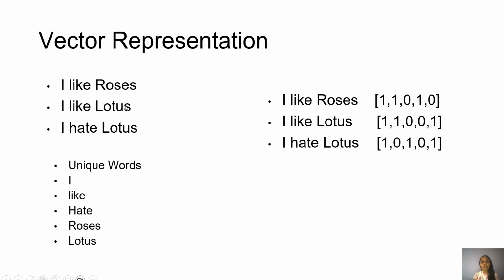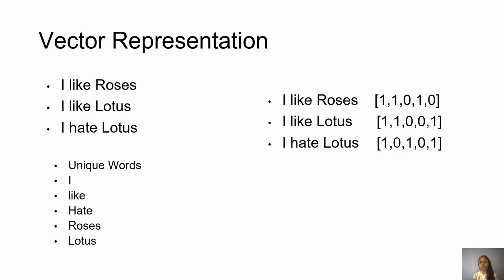In these three sentences, let's look at what the unique words are. We have 5 unique words: I, like, roses, hate, and lotus. So the order is I, like, hate, roses, and lotus. Because there are 5 unique words, your vector is a 5-dimensional vector.